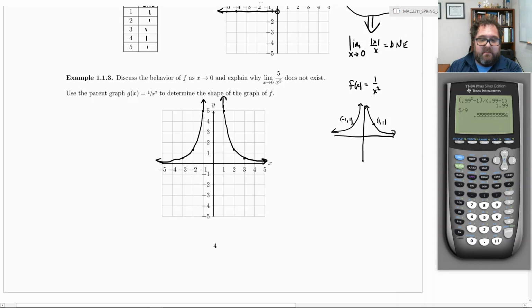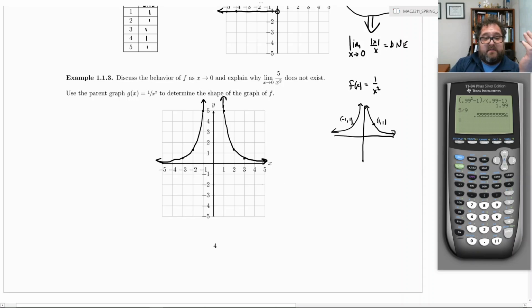So all we've done is scaled the parent graph by a factor of 5. Not perfect, but you get the idea. Okay, so now, how does this inform our limit discussion? Well, remember, a limit has to be a finite number.